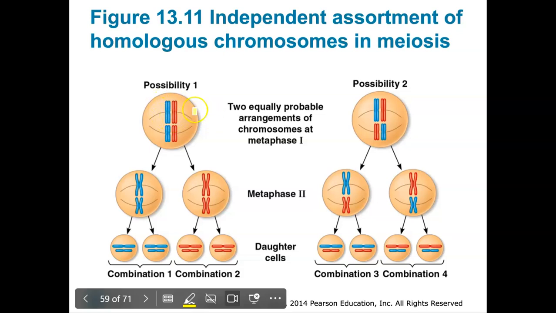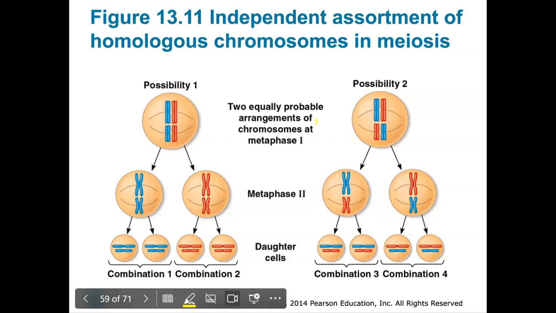So if the top homologous pair lines up this way with blue on the left, red on the right, the bottom pair can also line up the same way, or it can line up with red on the left, blue on the right. And you can see how there would be so many more possibilities of combinations of how they're lining up when you've got 46 chromosomes or 23 pairs versus only 2 pairs.